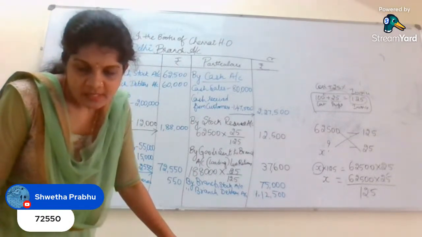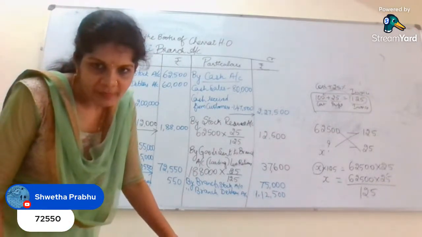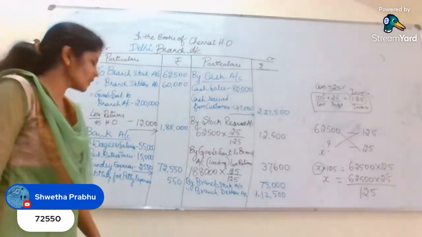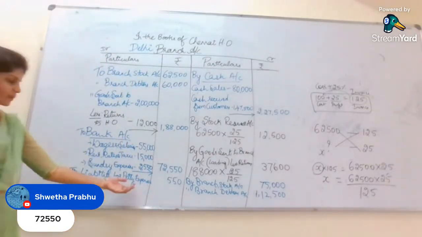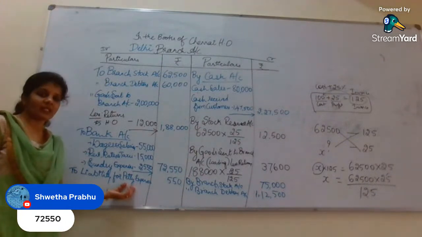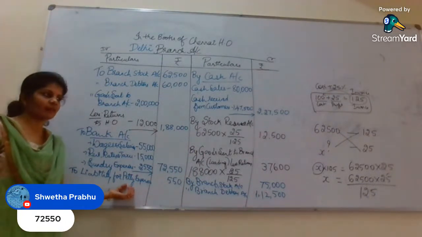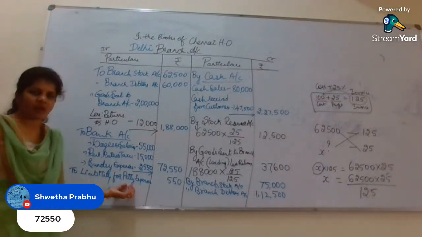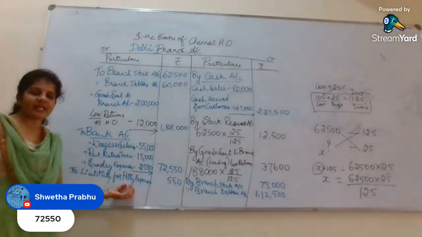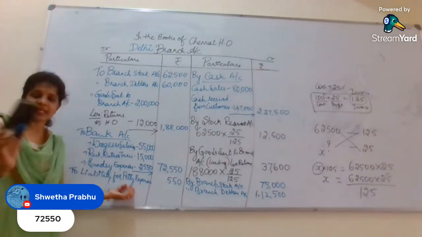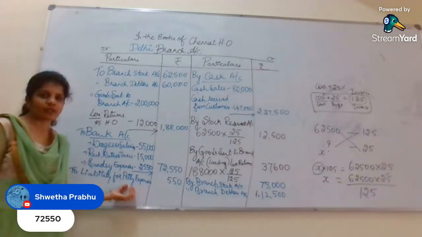Ma'am, in the previous problem we made the entry for petty expenses on the credit side. Look at here, this is petty expenses, correct, but it is not the expenses made by the branch. It is petty expenses, like petty cash, for the closing account.